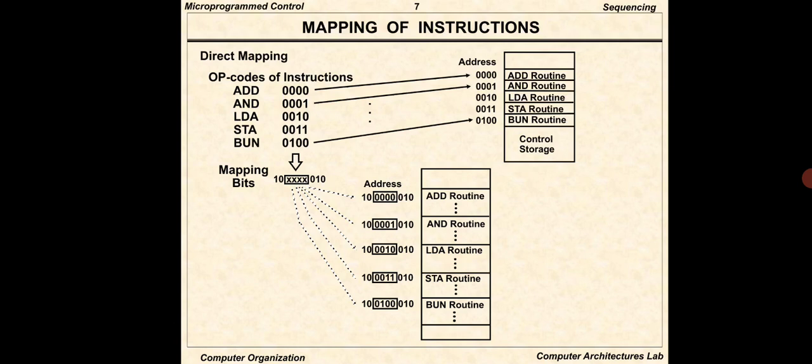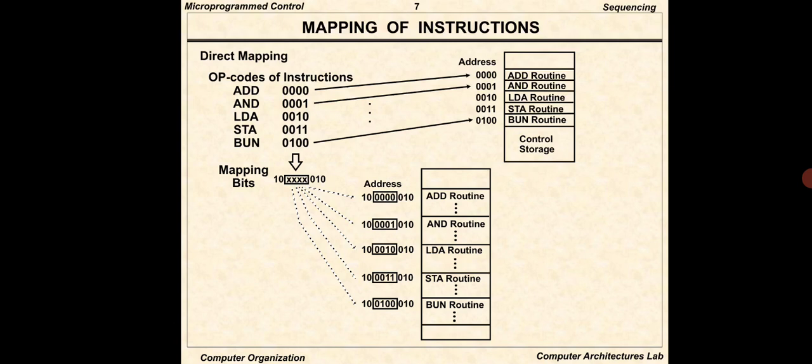Now the mapping bits. Out of the total 16 bits, bits 11 to 14 we are using as the opcode mapping. Based upon those 4 digits, it goes to the control storage memory.